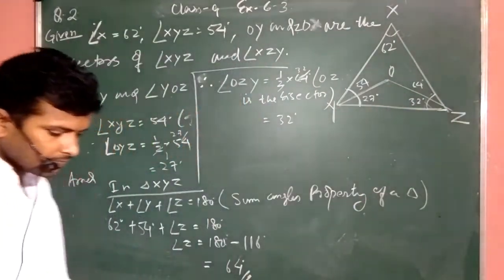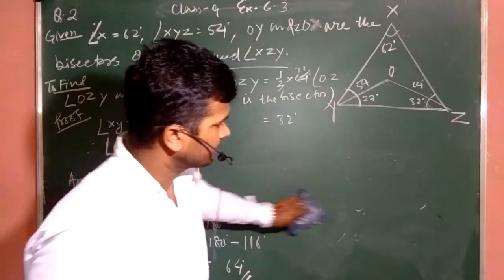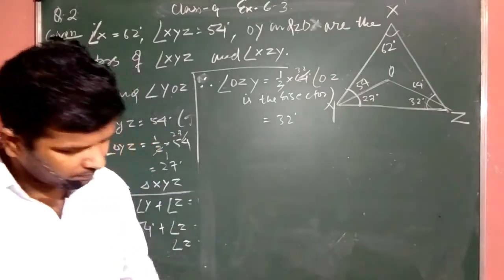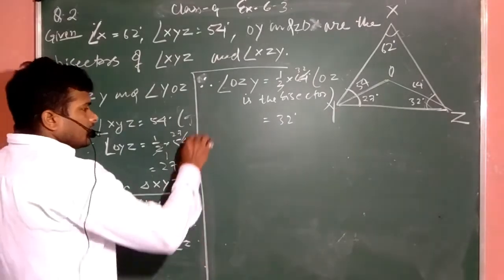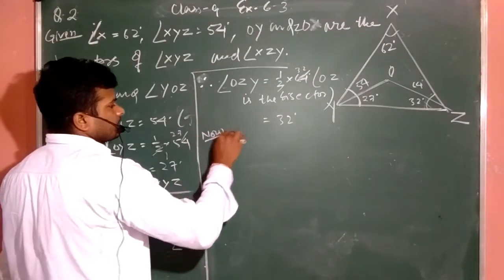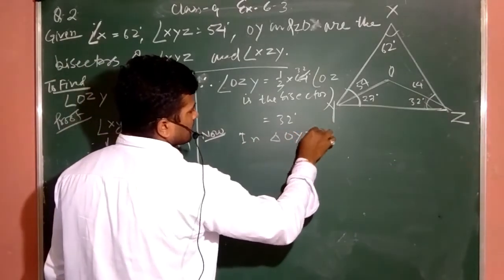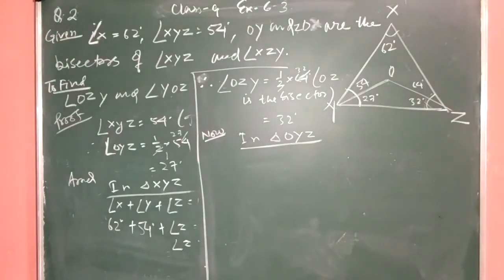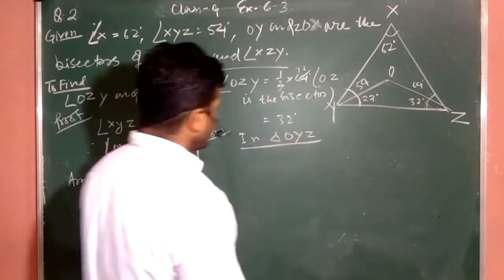Now we are going for the triangle OYZ. When you go for the triangle OYZ, you have three angles, all will be added.